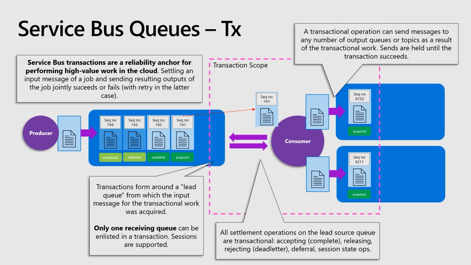If that happens, then you will see that message again. You will go against your database, you see, oh, I already have handled this particular message, and then your operation will be idempotent. And that, in conjunction, gives you effectively the same assurances that you get with 2PC, with leakage of the information towards other systems being prevented by you not sending those messages out. That is the closest you can get in the cloud to the classic 2PC model, and it's the most robust processing model you can get in the cloud overall.